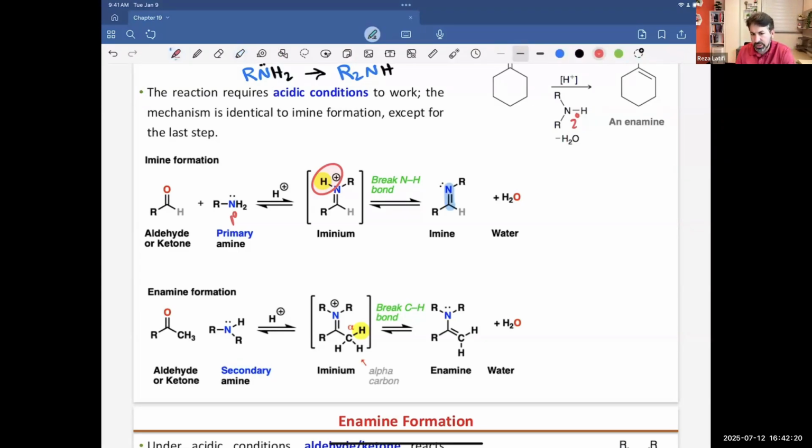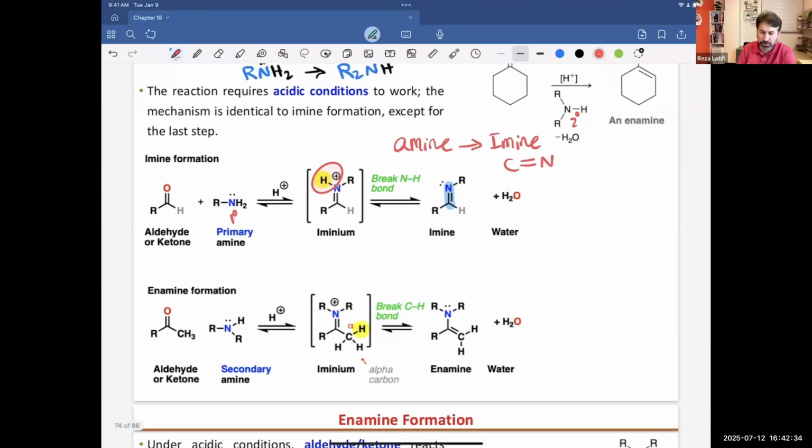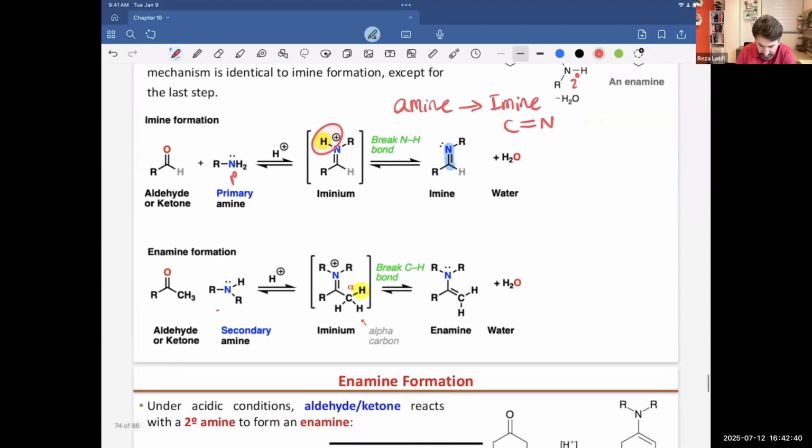We call it the imine. So we started from a carbonyl and we turned it to an imine. In an imine, we have a double bond between carbon and nitrogen, plus water.